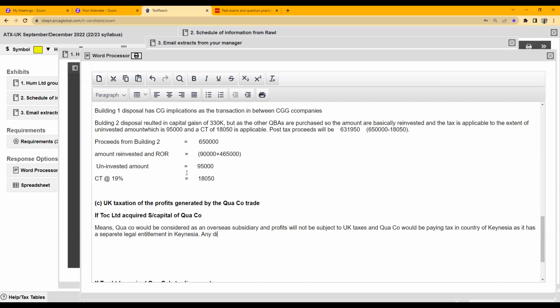Any dividends from QACO have no UK corporation tax implications.